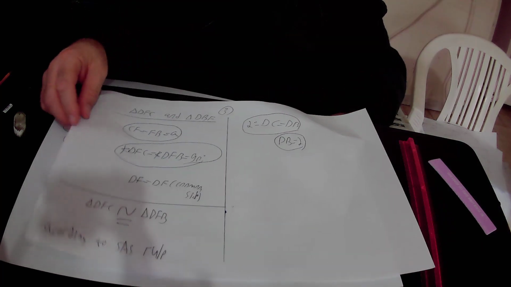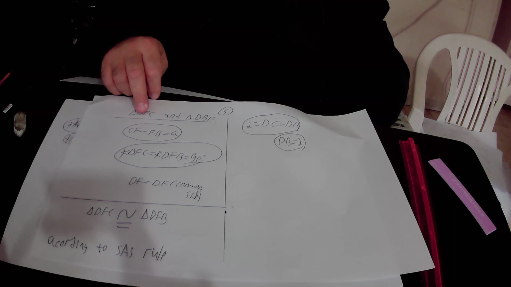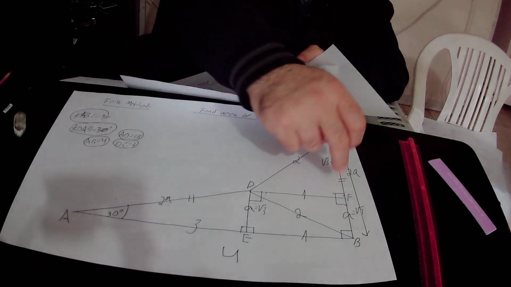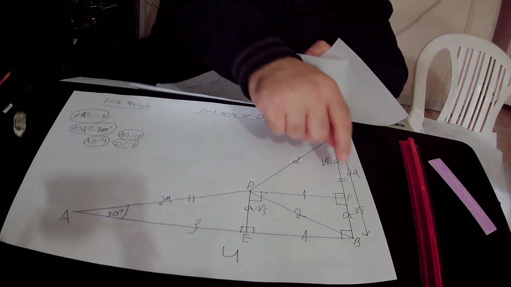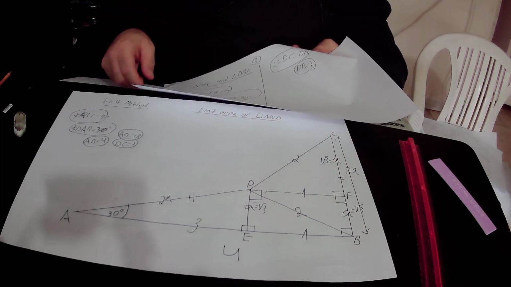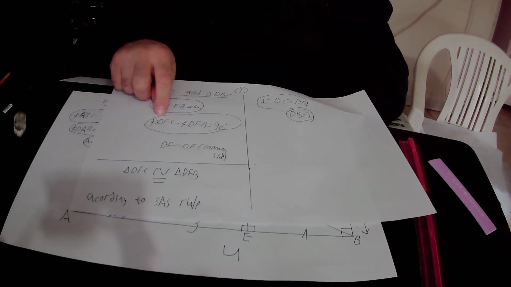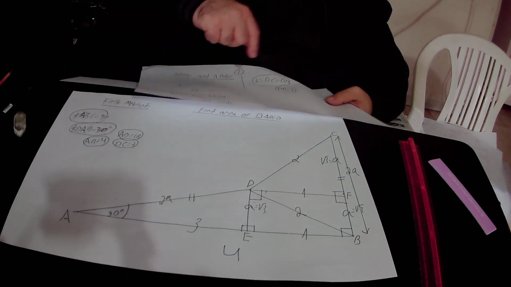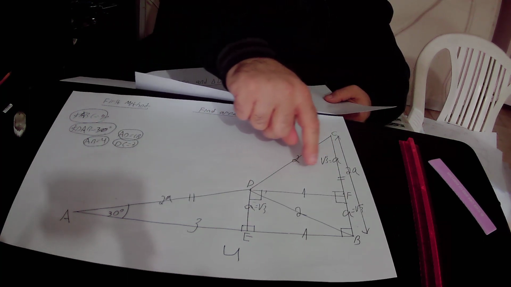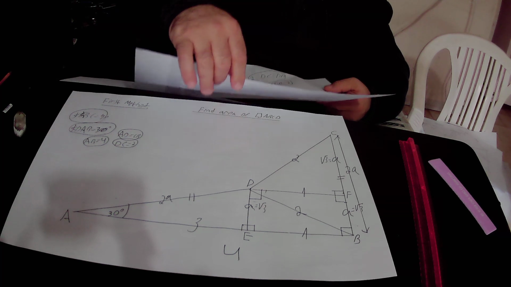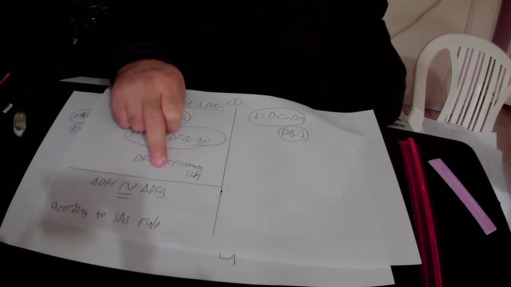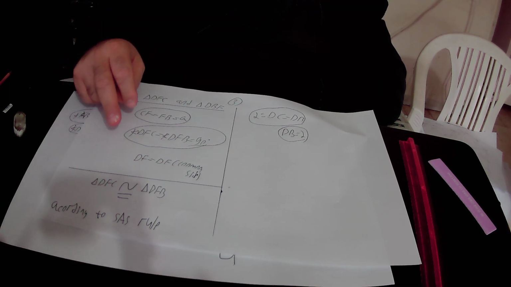First of all, we know that CF equals BF equals A. Those two angles are right angles, therefore they are equal to each other, so angle DFC equals angle DFB equals 90 degrees. And DF is a common side, it belongs to both triangles, so DF equals DF. So triangle DFC is congruent to triangle DFB according to the side-angle-side rule.